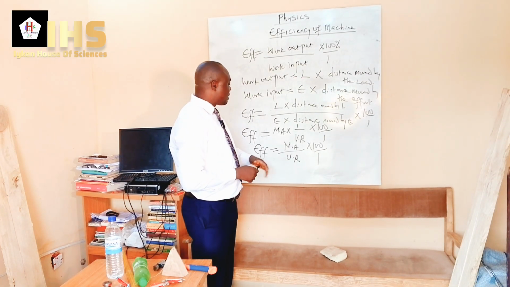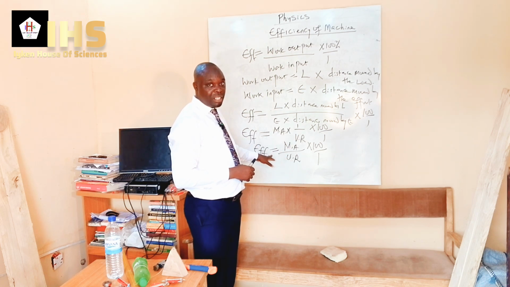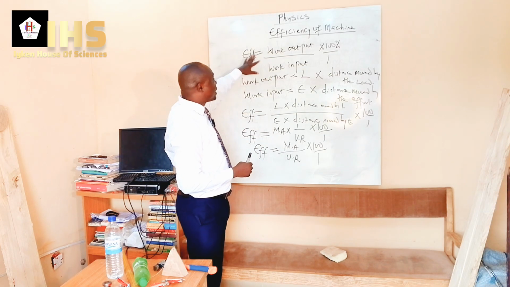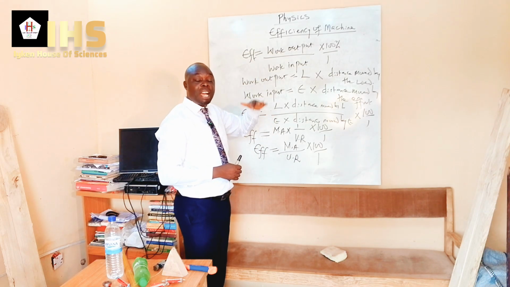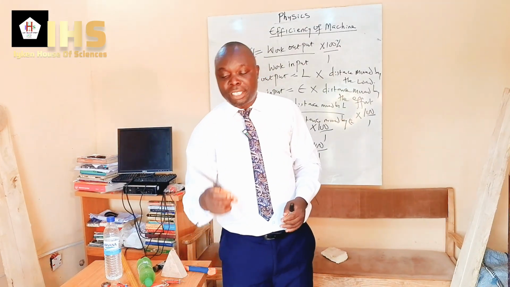We are going to understand more of this when we enter into calculations. With calculations, all those formulas will be easy to understand. But the basic thing is to understand what is going on. We have to know how effective, how efficient the machine we are using is.